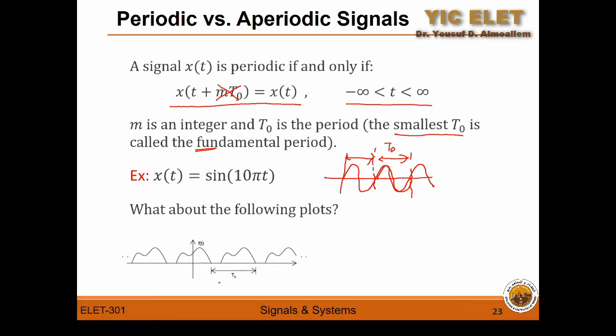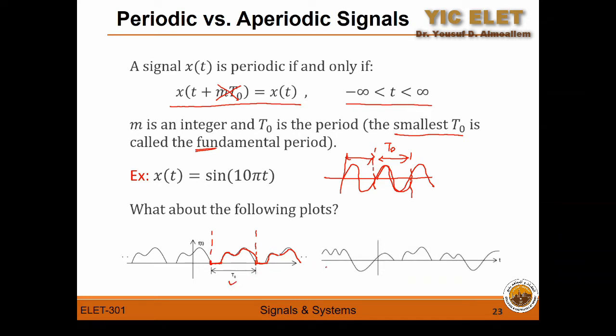Does this repeat? Yes. If we look at this point compared to this point, it is exactly the same. And then it will be just zeros, and this is again the same zeros, and this will come up in this shape, and this will continue all the way to the bottom. So in fact, this is the period at which it repeats itself, and this is the periodic signal.